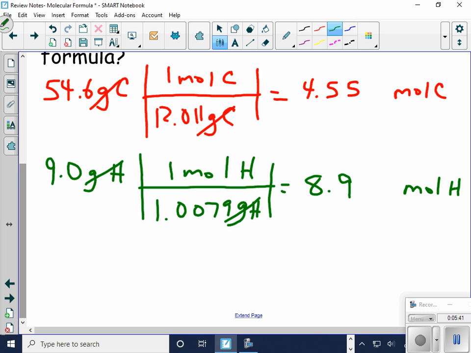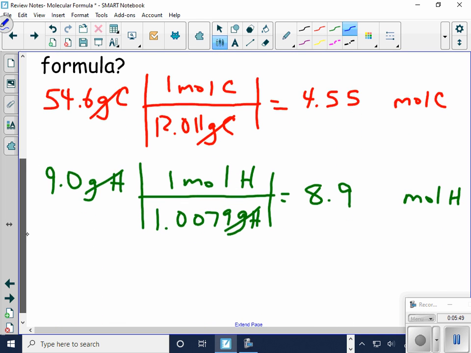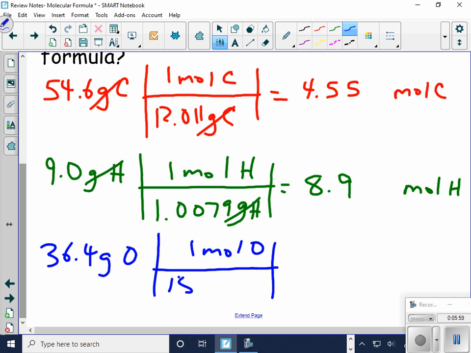And finally, I am going to go back up and look. I have carbon, I have hydrogen, I need 36.4 grams of oxygen. Flux capacitor that, 1 mole of oxygen, it's 15.9994 grams of oxygen.